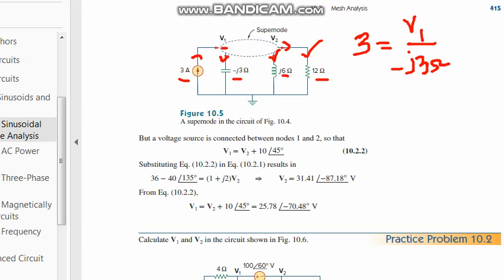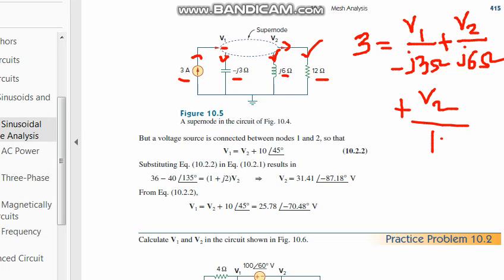As you know, we have to convert any circuit to the frequency domain, that means the complex format. Plus the other currents, which are plus because they are outgoing: V2 divided by j6 ohms, and another V2 divided by 12 ohms.